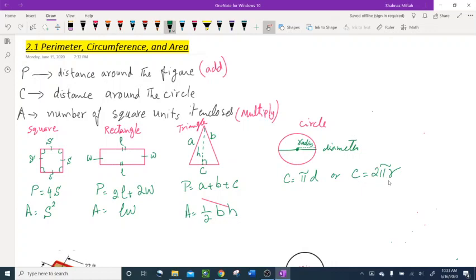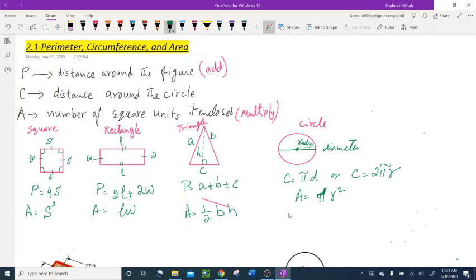If the question gives you the radius, then use this one. Both of them work. Area of a circle is pi r squared, radius squared, right? Area always we multiply. Okay, so these are the different formulas that we're going to use in the questions.